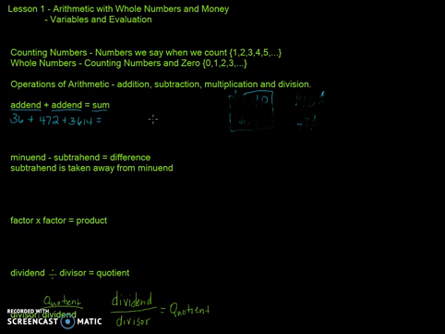Now remember, when we're adding and subtracting, we need to line up all place values. We're going to take the larger number, 3,614. We're going to take our next larger number, 472. Make sure that we have the place value set up. So the 4 is in the hundreds, 7's in the tens, 2 is in the ones.